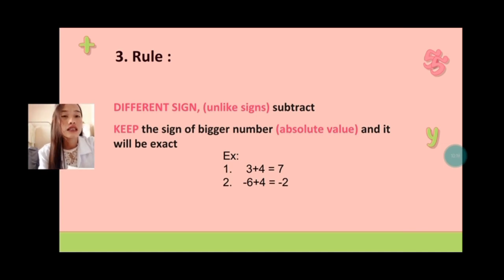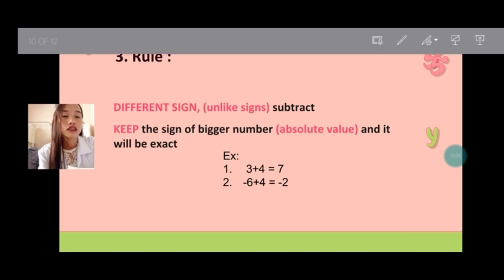It has different signs, or unlike signs, so we subtract. Negative 6 plus positive 4 equals negative 2. Keep the sign of the bigger number, or absolute value. Since 6 is bigger than 4, we copy its sign.